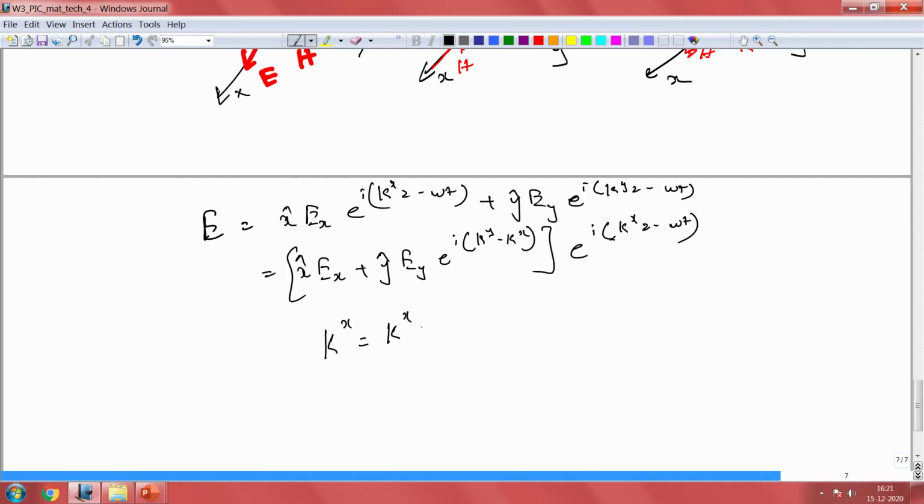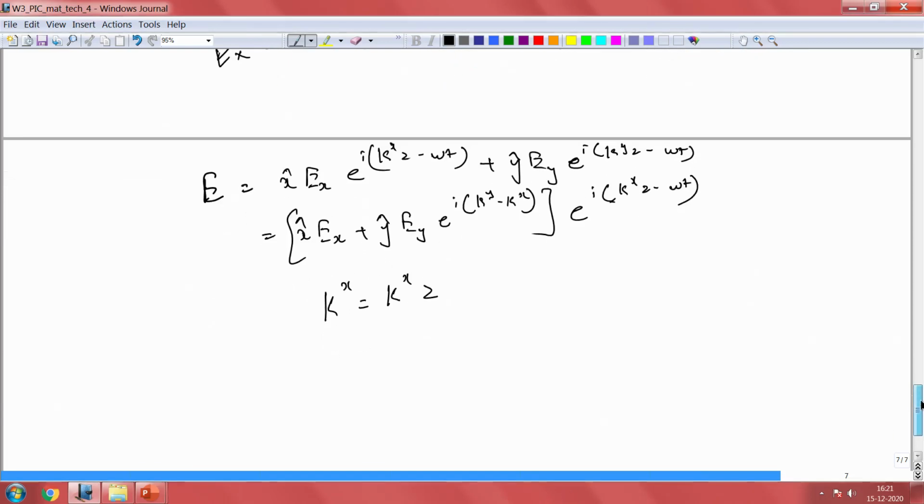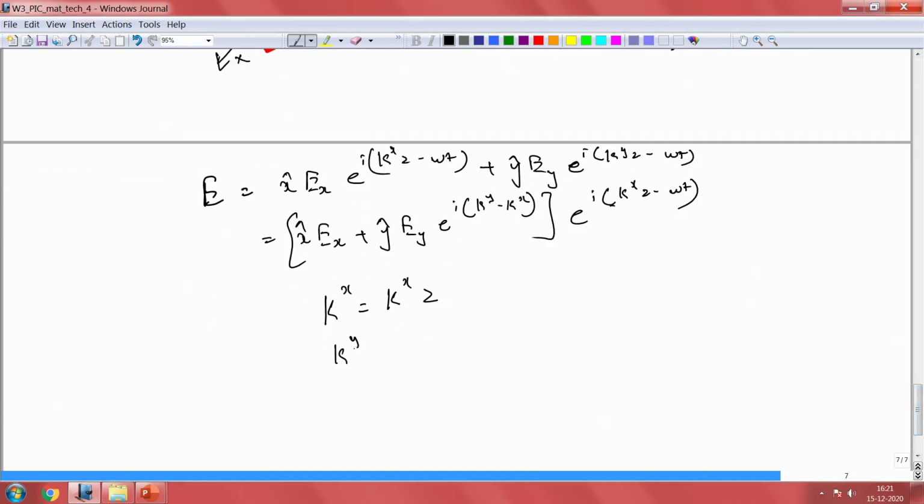So this is given as this, the wave propagation along Z, and your ky is nothing but ky z. So this will be X polarized and this is Y polarized.